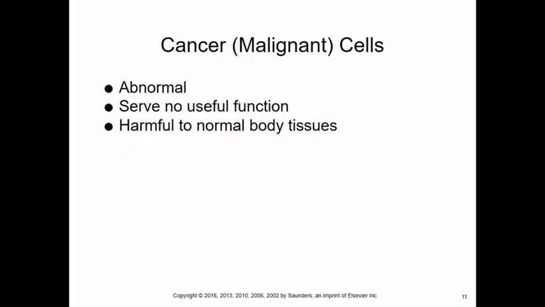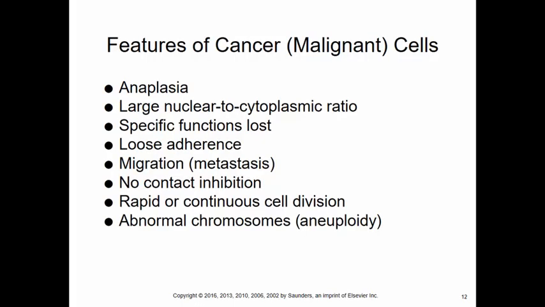Moving on to cancer or malignant cells, this is where we start seeing differences. These cells are abnormal, they serve no useful function, and they are potentially harmful to body tissues. So comparison to normal body cells with the malignant cells, we've got anaplasia, which is the loss of appearance of the parent cell.